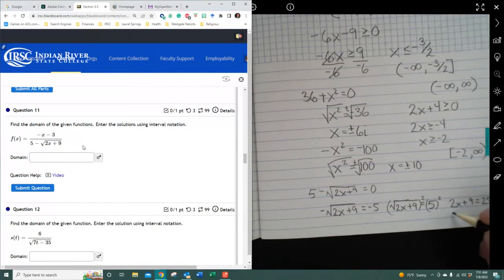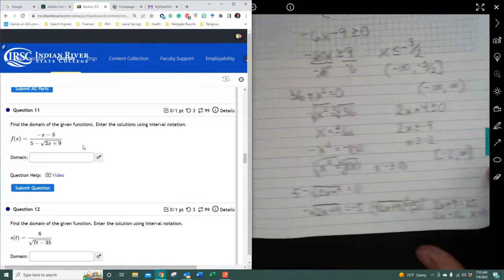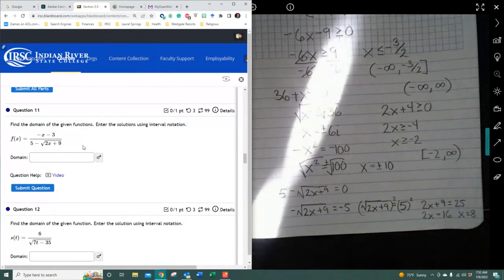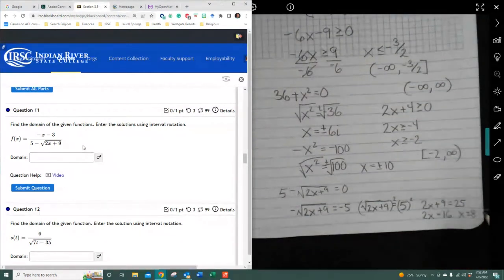Subtracting 9. And then dividing by 2. Okay, so now we have that. So x equals 8 is one answer.